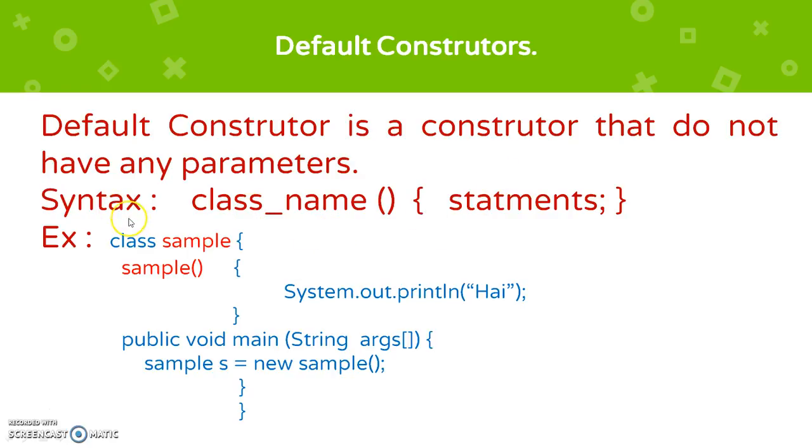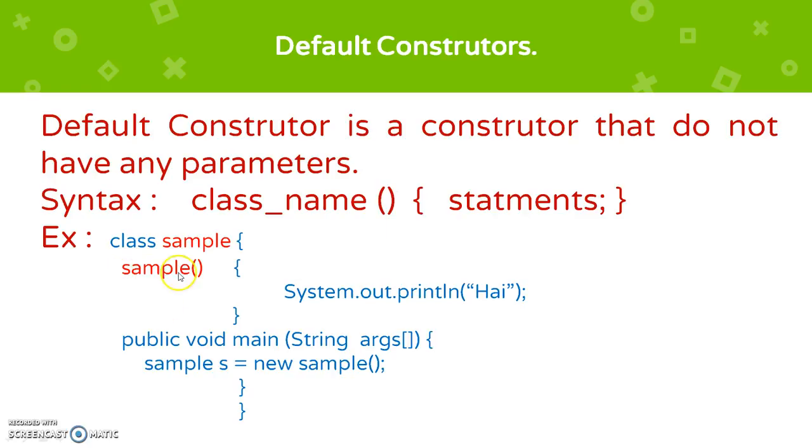And the syntax is given out here saying class name and just opening and closing braces and opening flower braces where we define the statements of the constructor and then a closing brace. So remember that the round braces will not have any kind of a parameter passed to the constructor.